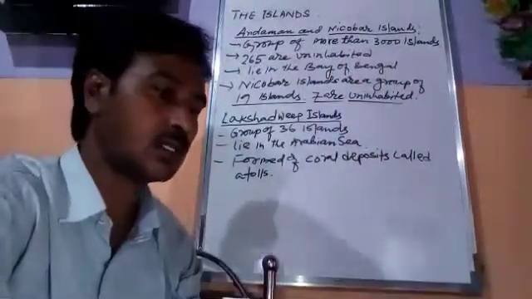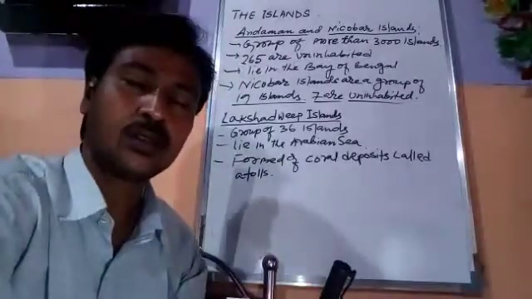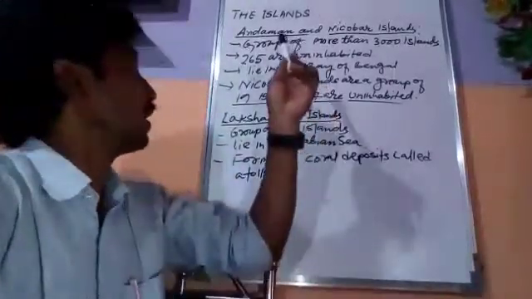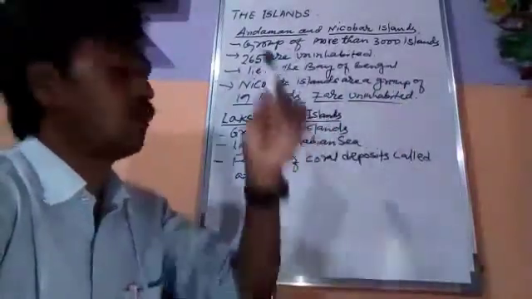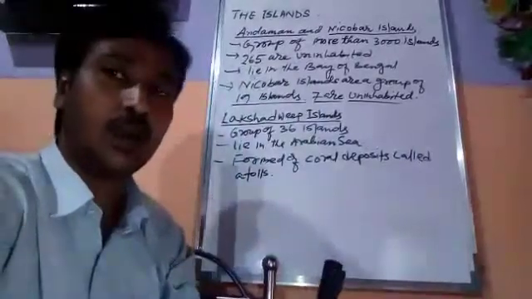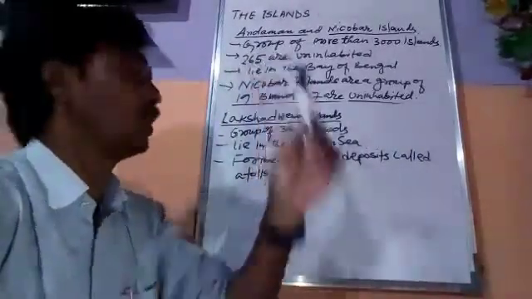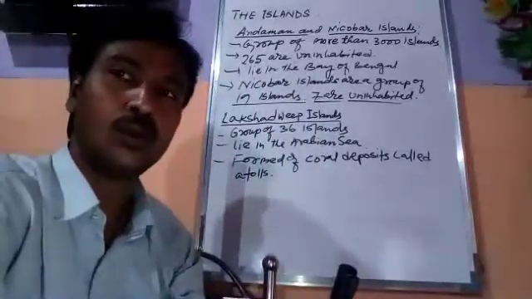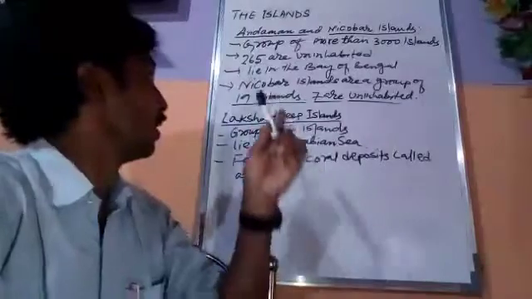Some texts also say it is a group of around 572 islands. So texts differ. Among these, 265 are uninhabited, and no human settlements are found there.